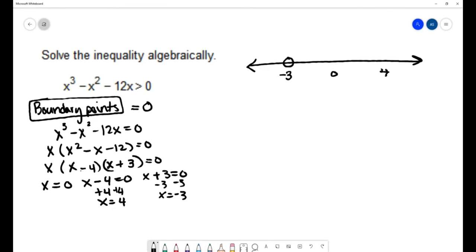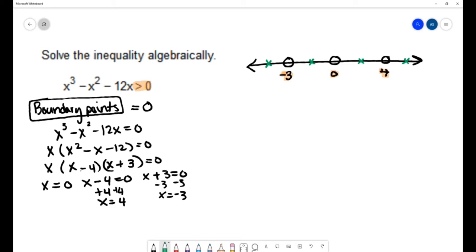I'm going to draw these with open circles because remember, in our inequality, we are only interested in the points that are greater than 0. So we're not interested in these boundary points because they equal 0. Then we go inside each one of these intervals and choose test points.